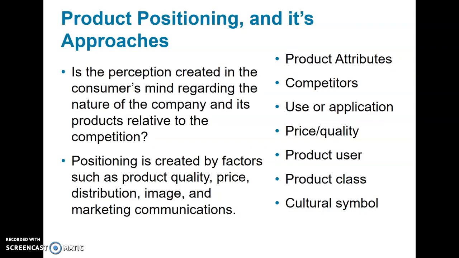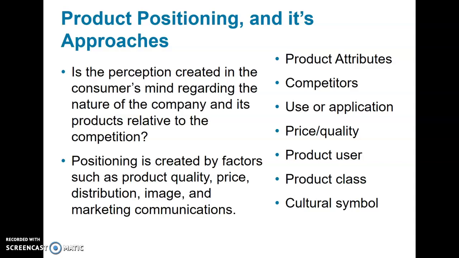Product positioning is the perception in the consumer's mind of the company and its products relative to its competitors. It's important to recognize 2 major points. This is occurring in the consumer's mind and relative to the competition. Positioning is created by factors such as product quality, price, distribution, image, and marketing communications.